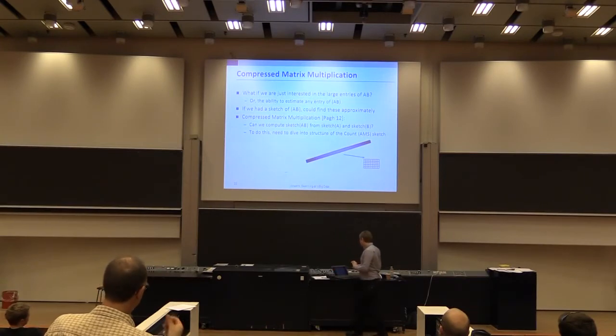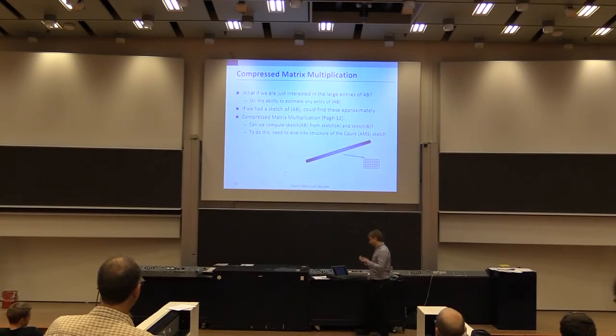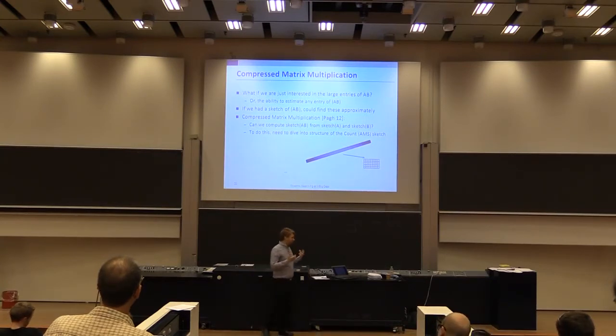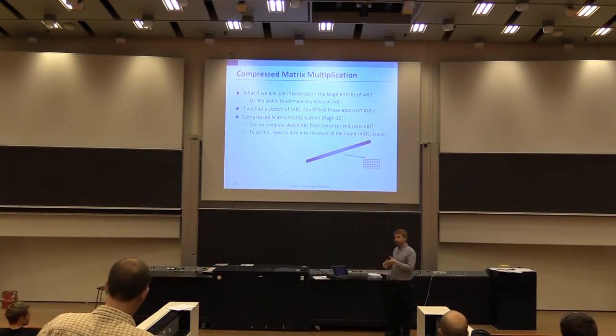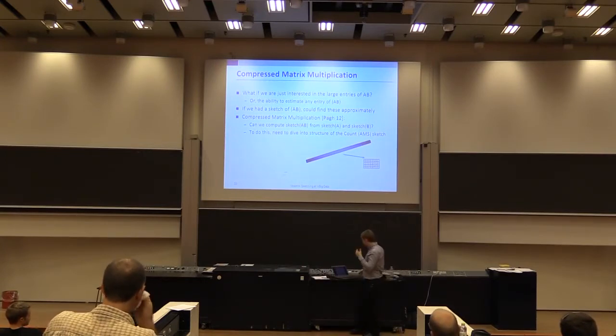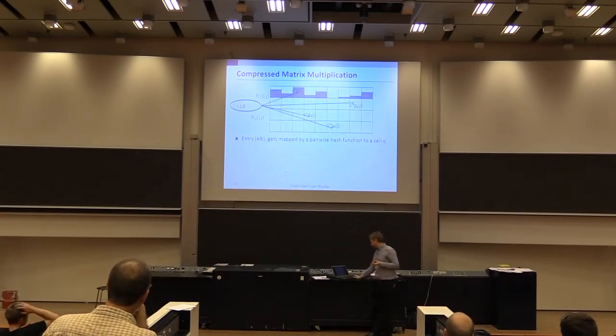To do that, we need to dive into the structure of sketches. The first matrix result said we can get some result just by using sketches as black boxes. Here, to really get the result, we need to understand what's going on inside the sketches, use the structure that's there, and also make some modifications to the sketch that will work in our favour.